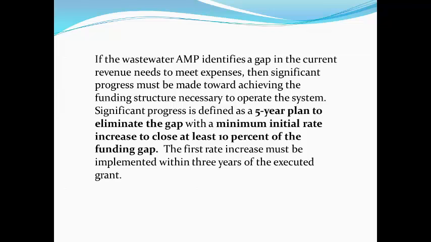There is a dollar gap that they've got to cover, so a minimum 10% will have to be initiated in that first 3 years of the grant period. So during that grant period, the applicant will pass a rate resolution for 10 cents, which would be 10% of that dollar shortfall. Then after the grant period is completed, they will have another 5 years to eliminate that gap.